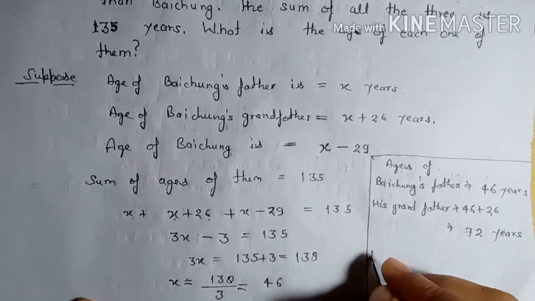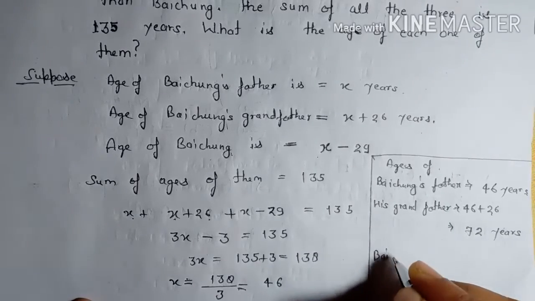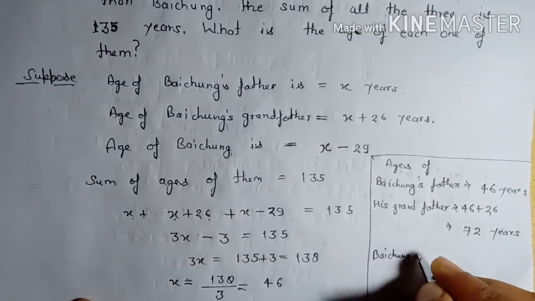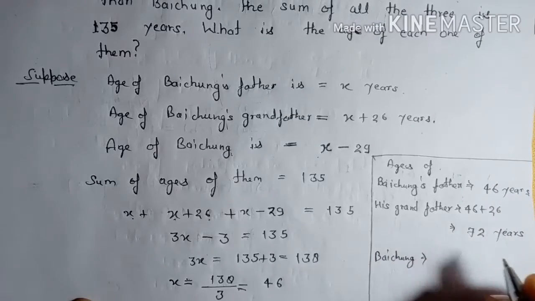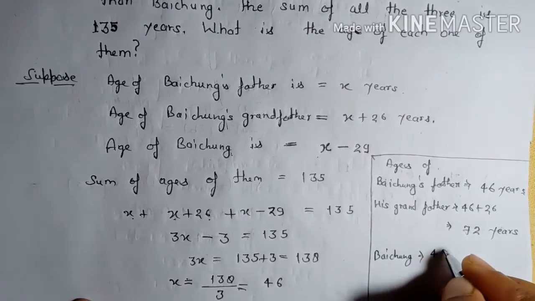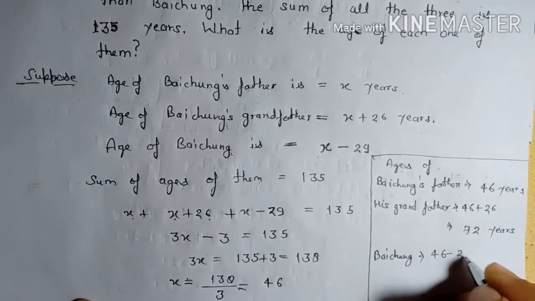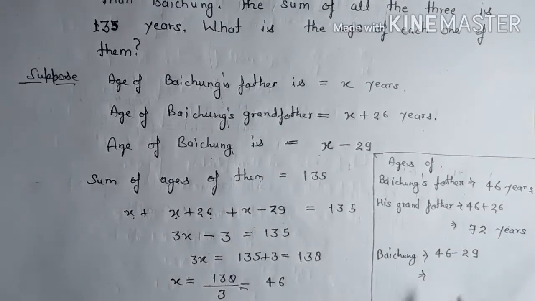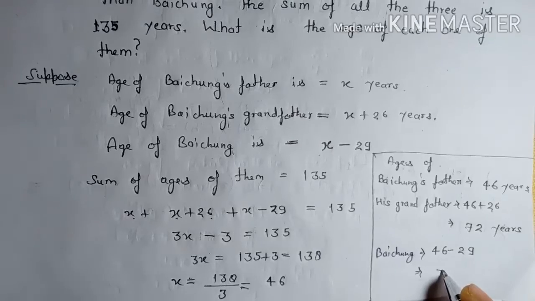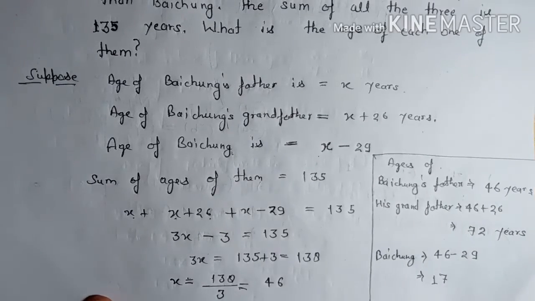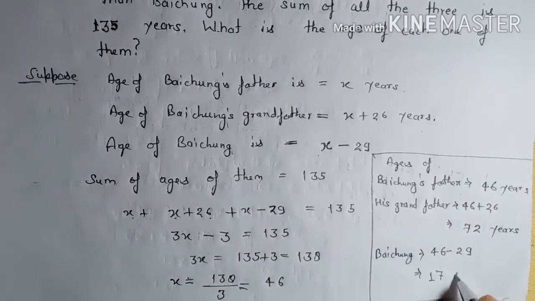And age of Baichung is, you have to subtract this time 29 from 46. 46 minus 29, and the result is 17 years.